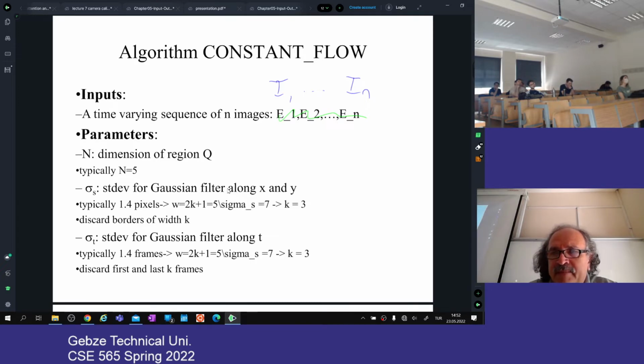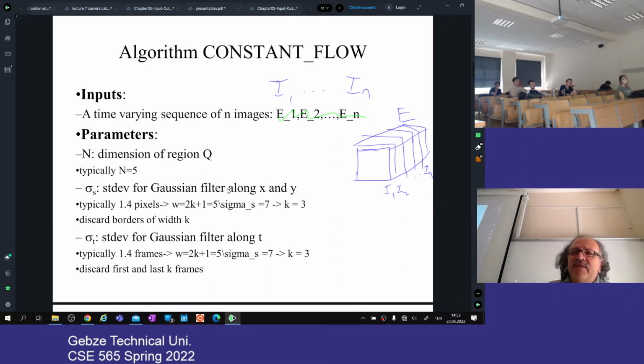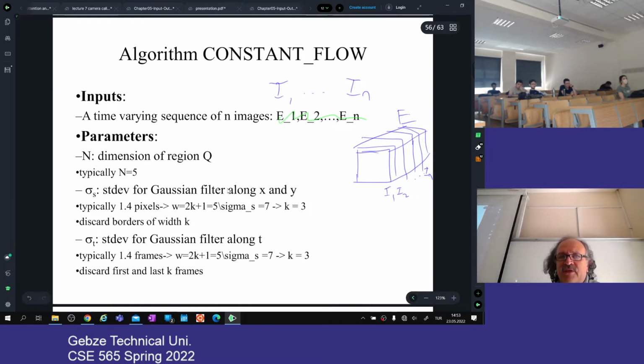This is my E, three-dimensional, and inside E I have many frames: I1, I2, up to In. If I put them together, I get this three-dimensional space E.